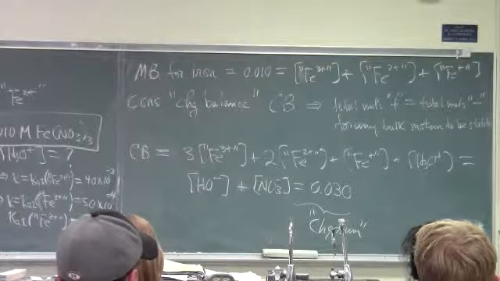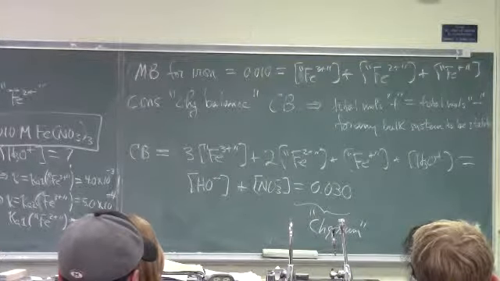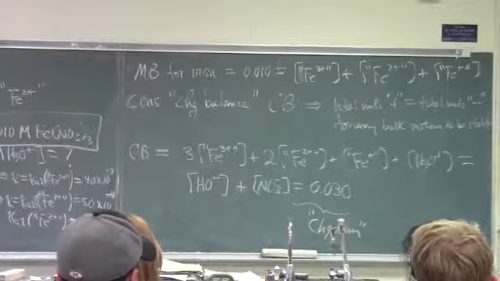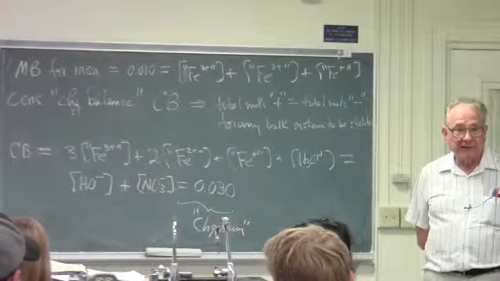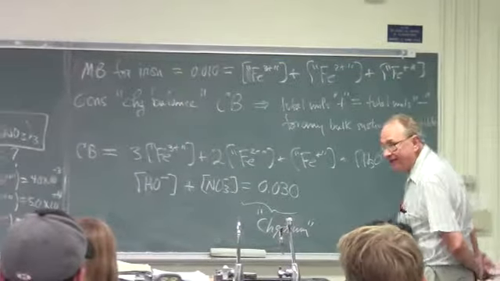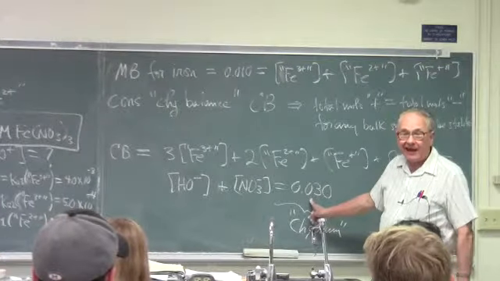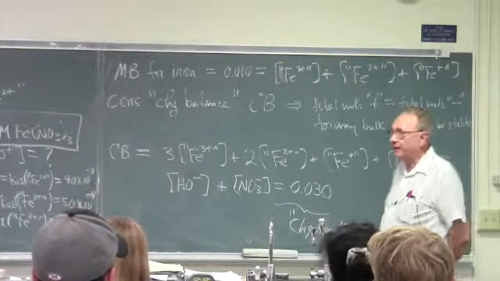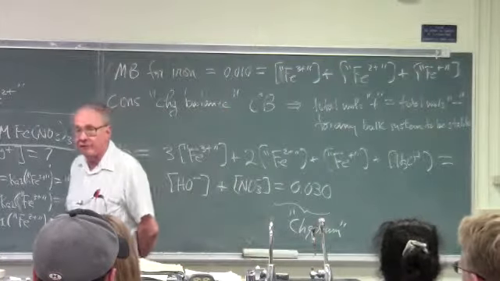How small? Number-wise, less than 1 times 10 to the minus 7. This is an acidic solution. Whatever the hydroxide ion molarity is, it's less than 1 times 10 to the minus 7. If I take any number that's less than 1 times 10 to the minus 7 and add it to this, am I going to change this? Heck no.